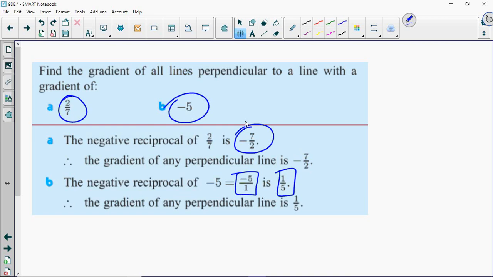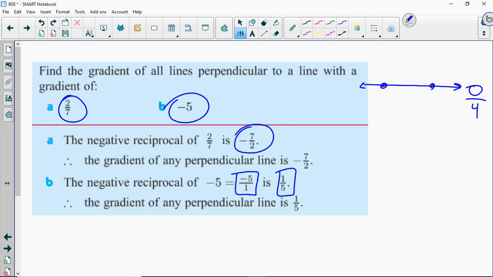So why did our definition on the previous page specifically exclude horizontal and vertical lines? Well, horizontal and vertical lines are clearly perpendicular, don't get me wrong, but we know from the previous video that the slope of a horizontal line is exactly 0. So when we take the reciprocal of that, and this could be like 0 over whatever number we want, as long as it's not 0, so let's say it was 0 over 4.